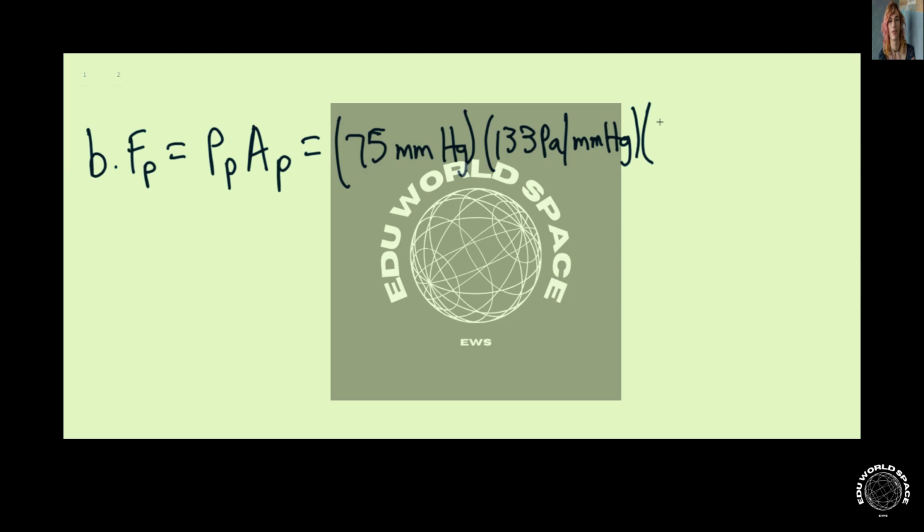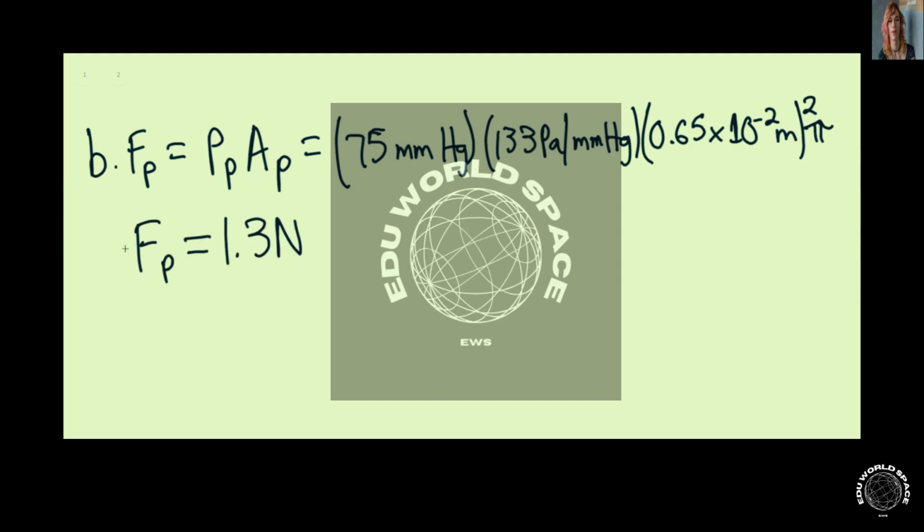So this will be 0.65 times 10 to the negative second meters squared times pi. And so the force of the plunger will be equal to 1.3 newtons.